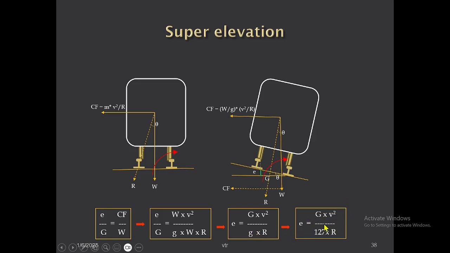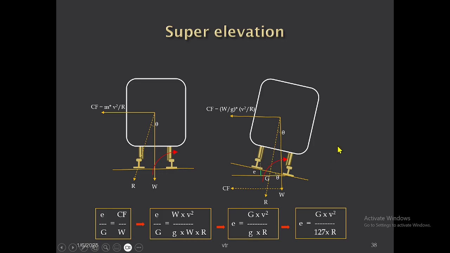So with the conversion, we get approximately G V squared by 127 R. This is the formula for finding the amount of cant to be provided, in order to make the resultant force fall exactly in the middle of the base for the particular speed, so that it will be in equilibrium, and the passenger will feel as if traveling on a straight path rather than a curve.